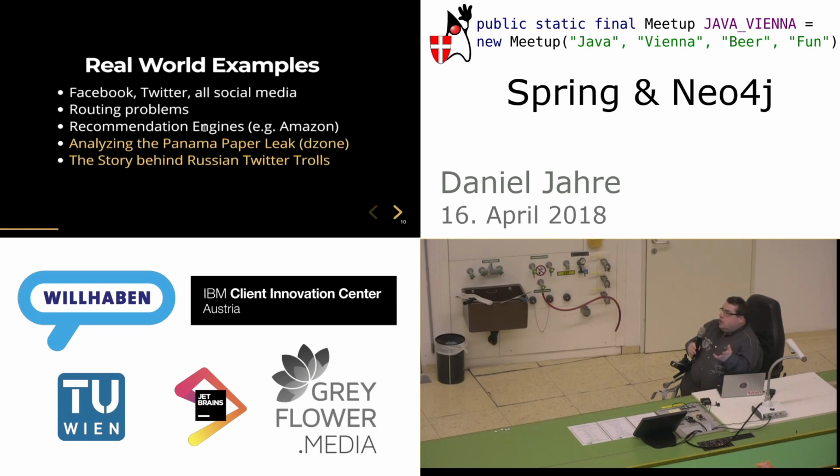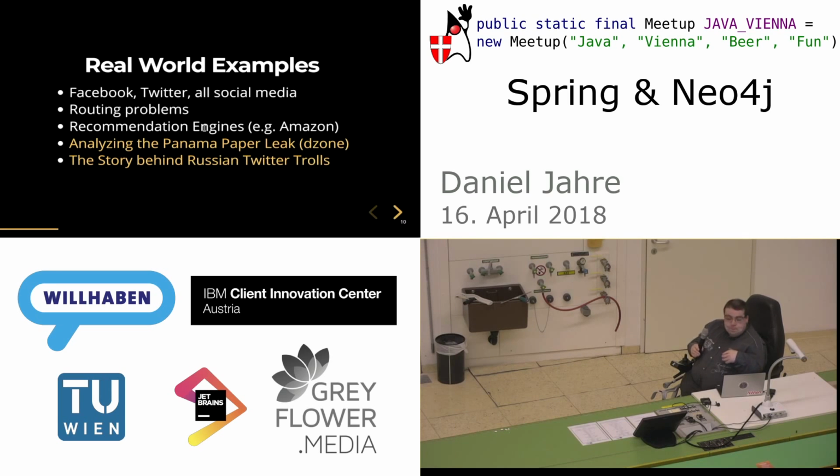If we want to travel with the car, we also have a graph. The roads are a graph. And it is also used for recommendation engines. You know that from Amazon. You bought something and then they say, well, people that bought the product you bought also bought two other products. And these kinds of problems you can also quite easily solve with a graph.